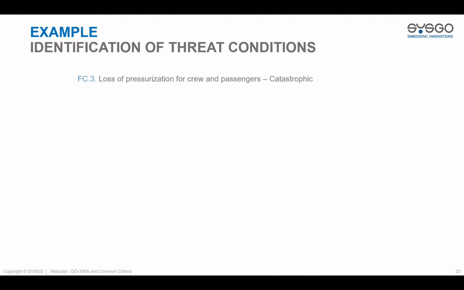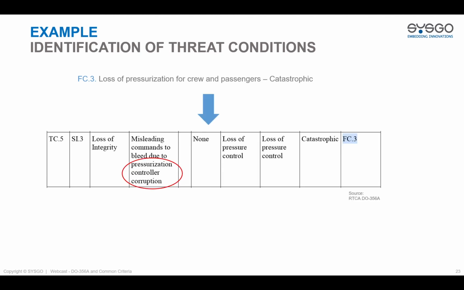So there is a threat condition which we can derive from this failure condition, and it comes from controller corruption of the firmware of the pressure system. You can derive multiple threat conditions from one failure condition. The entire example can be seen in the appendix of DO-356A.